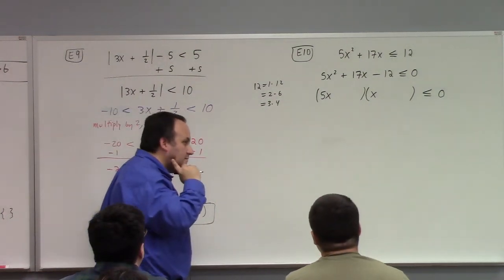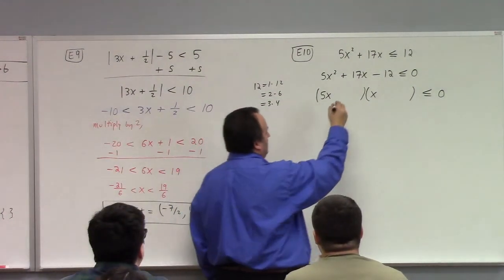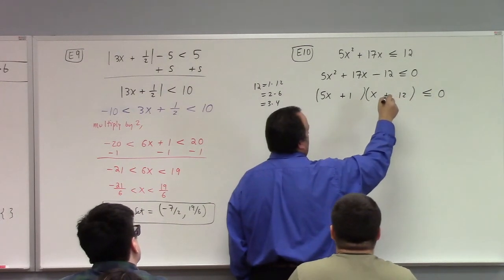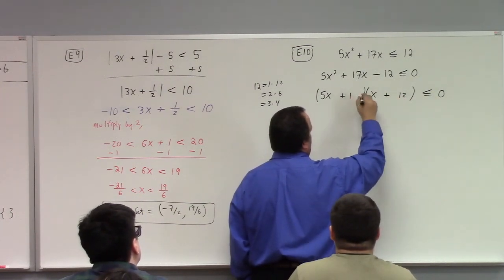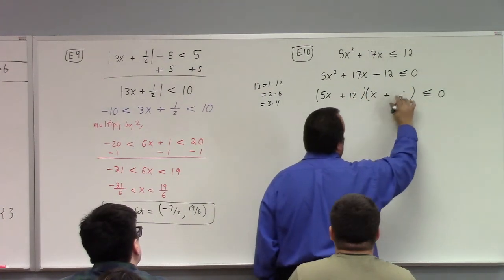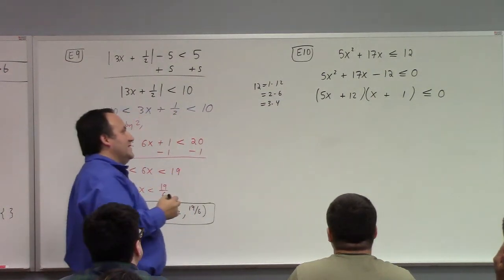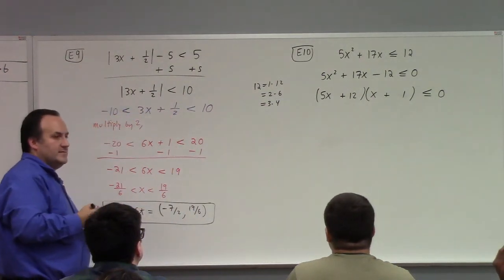What's that? 1 and 12? Because 1 times 5 is 5. 12 over here and the 1 over there? Oh, hey, that's nice. That is almost right. It's negative 12. 5x plus 3.